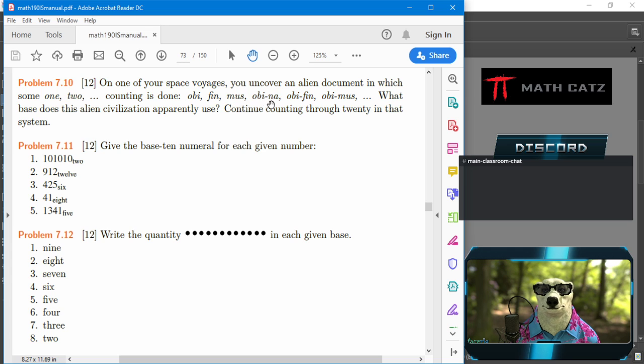And then the next one you see is a double digit number, OB na, which means one group of whatever and 0 left over. So the na is 0. But as soon as I get to 1, 2, 3, the next one is a rollover to one group of whatever it is, and therefore the group size has to be 4. So this is a base 4 system.